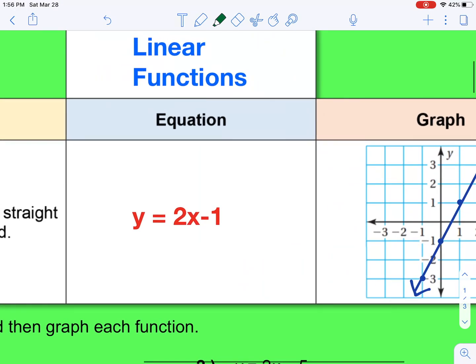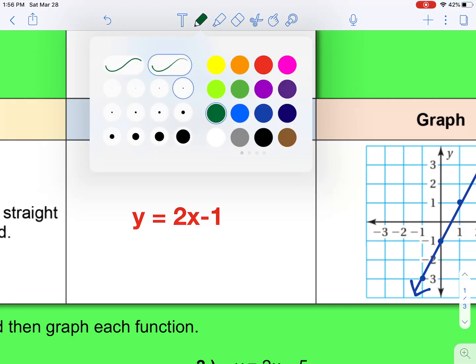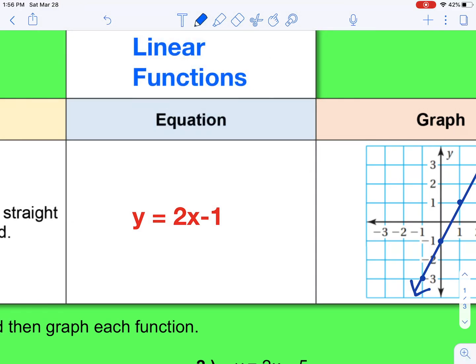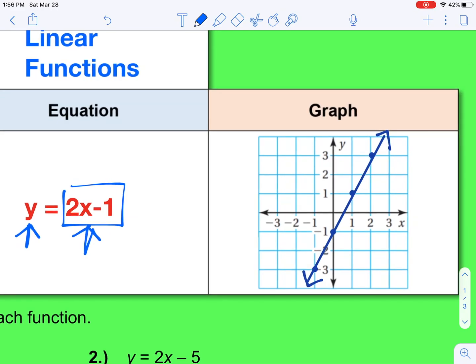So here's our equation. It should look relatively familiar because we talked about things like this when we did functions: y equals 2x minus 1. You should remember that the x is the input, the y is the output, and this 2x minus 1 is our function rule. If we take a look at our graph, you're going to notice that there are 1, 2, 3, 4 different points on there. Let's look at this one right here.